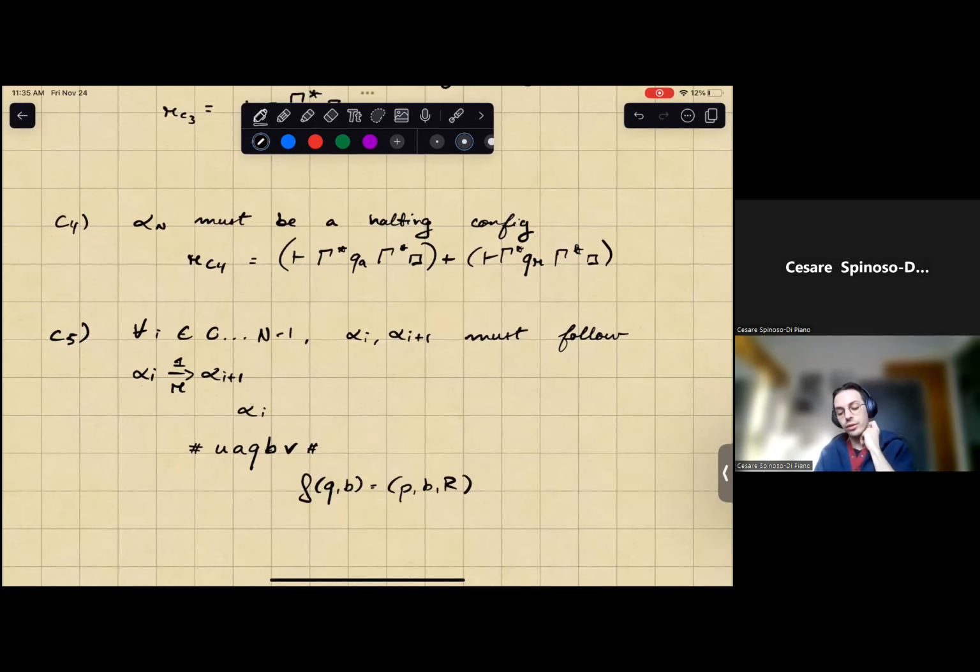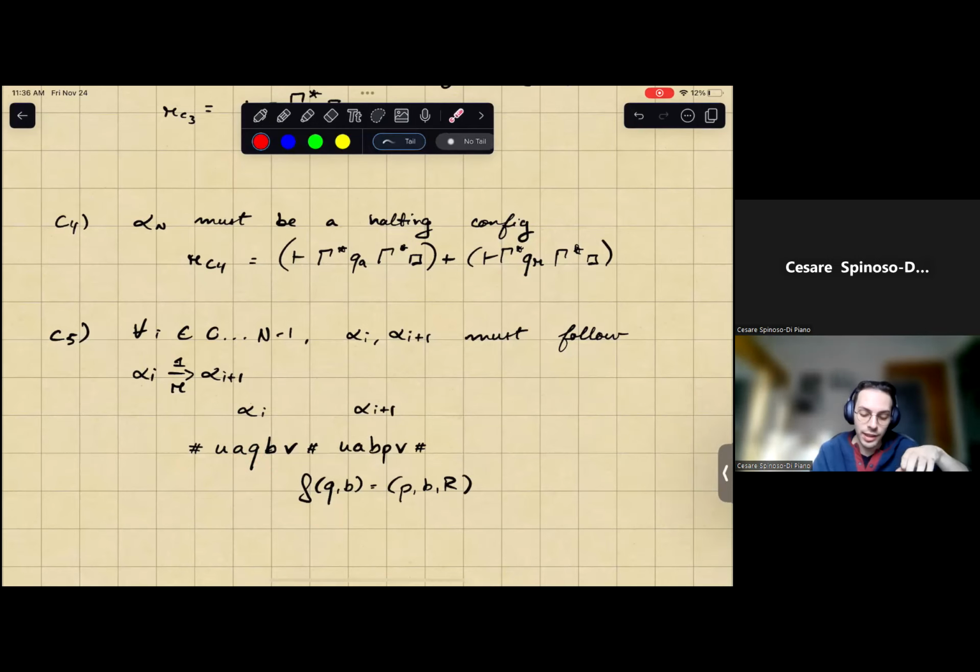So this tells me that the Turing machine, when it's at state Q and it's reading a B, so exactly this situation, it should write a B and move right. So it should leave this B as is and move right. Well, then that must mean that in alpha i plus 1, I must have U A B P V. Okay, so this must be alpha i plus 1. So condition C5 is saying, well, this has to happen, and for every i.